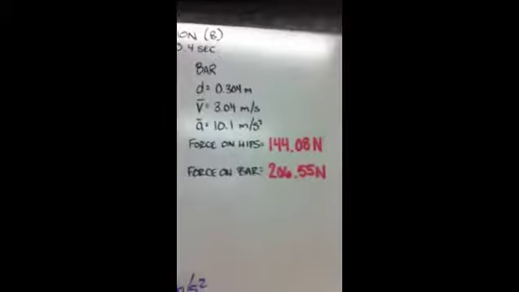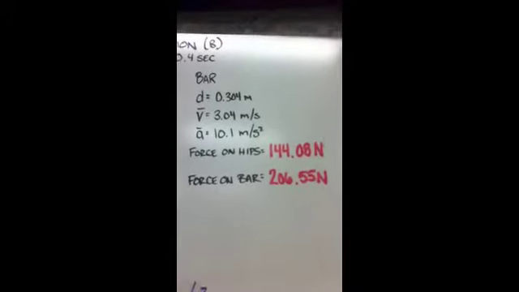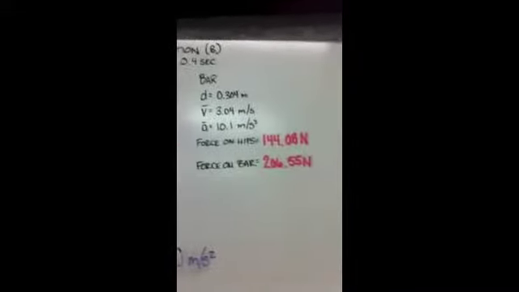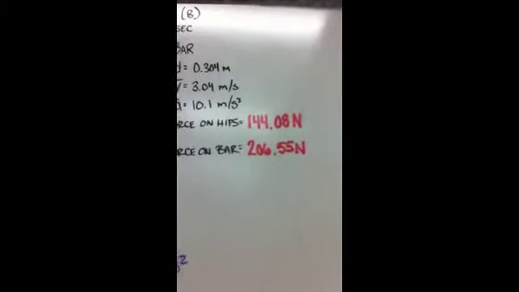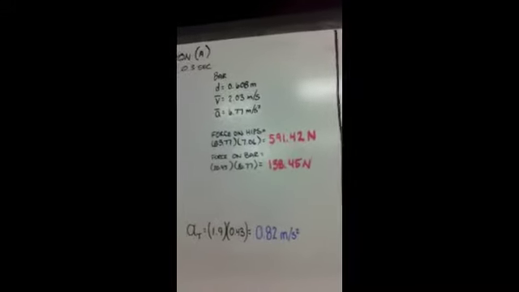This translates also as 144.08 newtons of force on the hips, compared to roughly 591 newtons of force at position A, but 206.55 newtons of force on the bar versus roughly 138 newtons of force at position A.